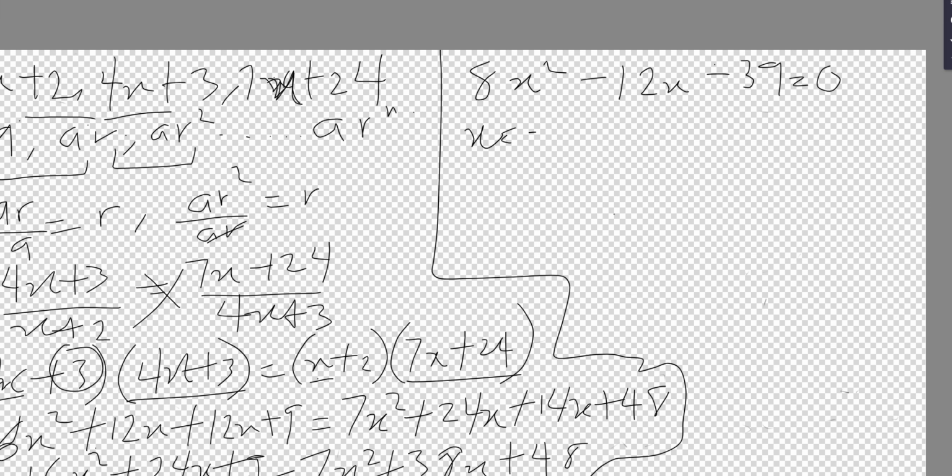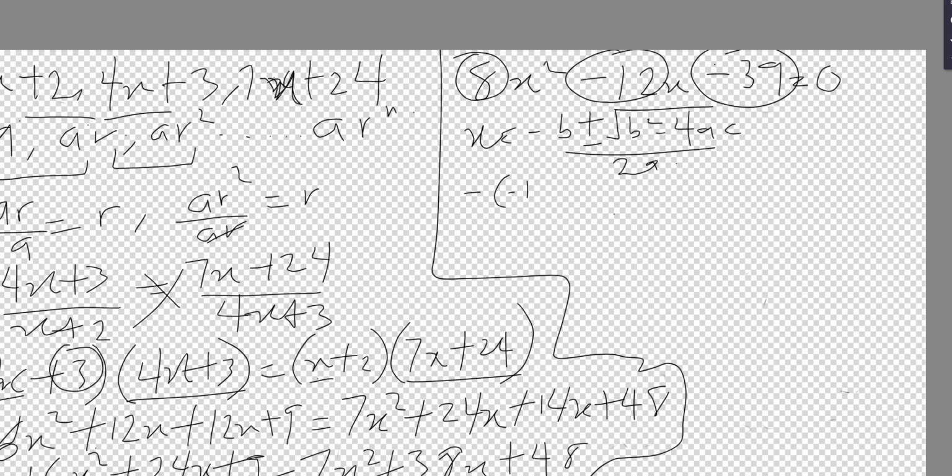The formula, we have x equals minus b plus or minus the square root of b squared minus 4ac, all over 2a. In this case, this is our b, this is our a, and this is our c. So we're going to be inputting these values now.